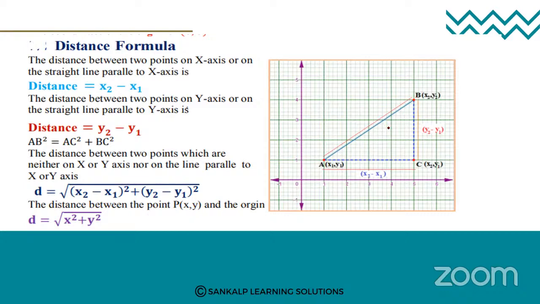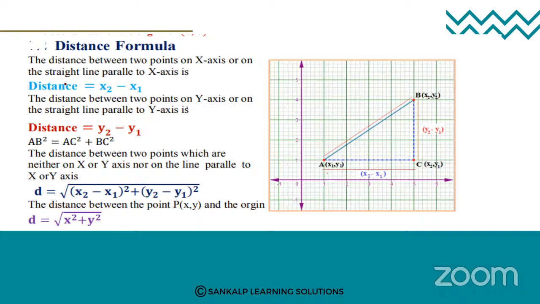Let's consider here 2 points are there, A and B. I want to find out the distance between A and B. Then A is x1, y1, and B is x2, y2. So, I want to find out the distance. Then the distance is x2 minus x1 and y2 minus y1.